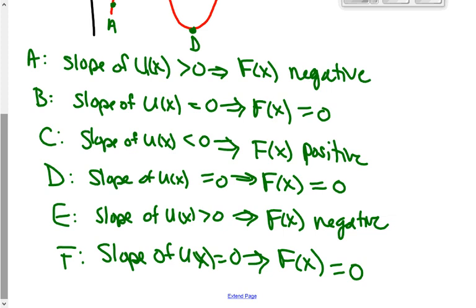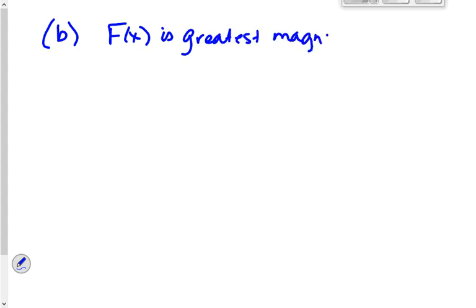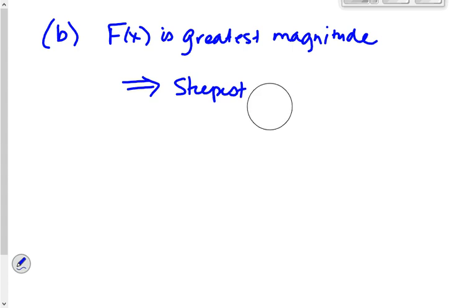All right, so what does part B ask us for? Okay, so we want to know where F of x is the greatest magnitude. So what does that mean we're looking for? The steepest slope. Let's write slope again there, on the U of x curve.